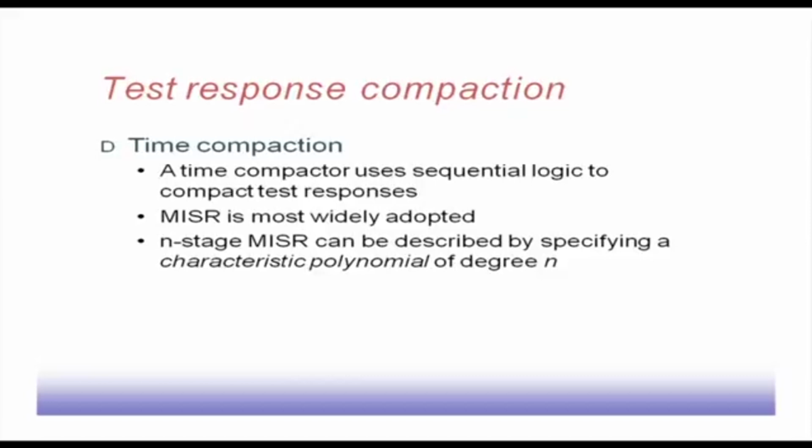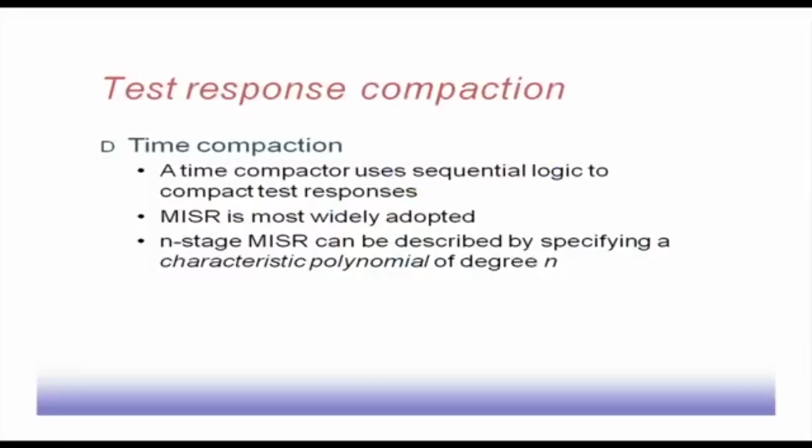The most widely used structure is the MISR. This MISR can continually receive the responses, and they can be combined into one value. We know that a MISR's structure is represented by a polynomial, and the inputs are being fed.